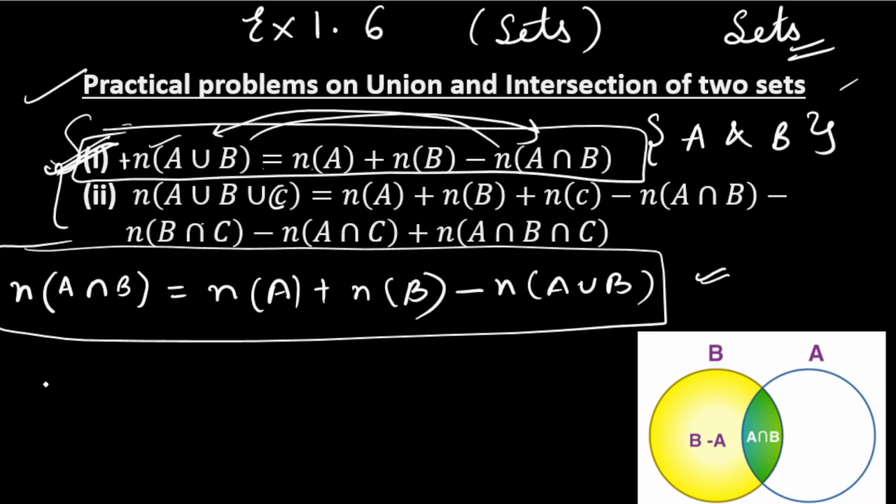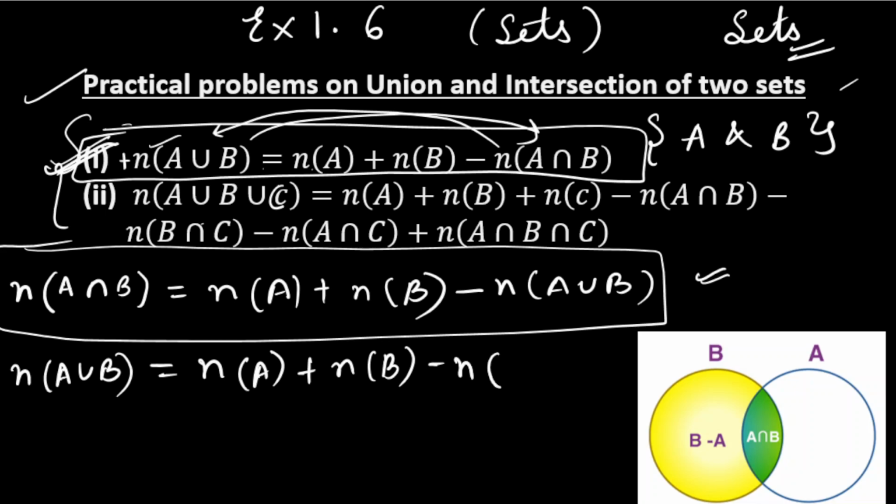Secondly, the formula is: number of elements of A union B equals number of elements of A plus number of elements of B minus number of elements of A intersection B. This is just a note you can mark.